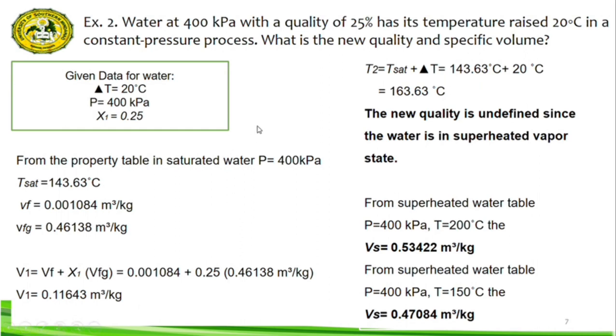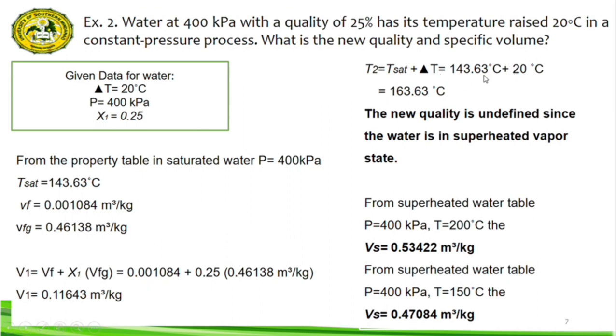So next we can easily find the final temperature, which is equal to the saturated temperature plus the change in temperature. Our saturated temperature is 143.63 degrees Celsius plus our change in temperature, which is 20 degrees Celsius.